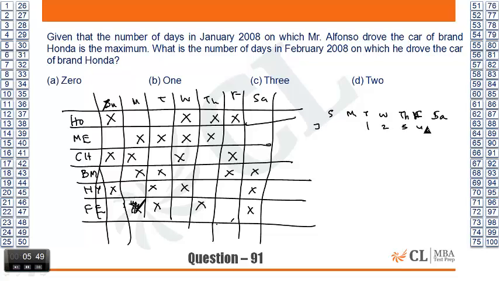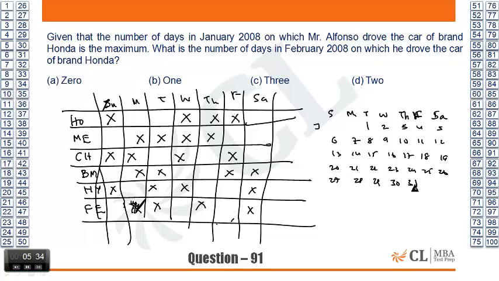Jan 1, 2, 3, up to 31. Okay, makes sense. Plus 7: 8, 15, 22.